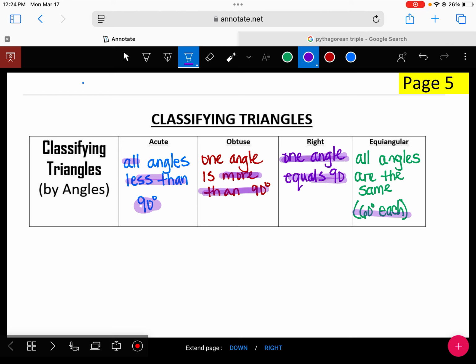And if one angle equals 90 degrees, then that would be a right triangle. A special kind of acute triangle is called equiangular. And that's when all of the angles are the same. And in order for that to be true, each angle would have to be 60 degrees each.